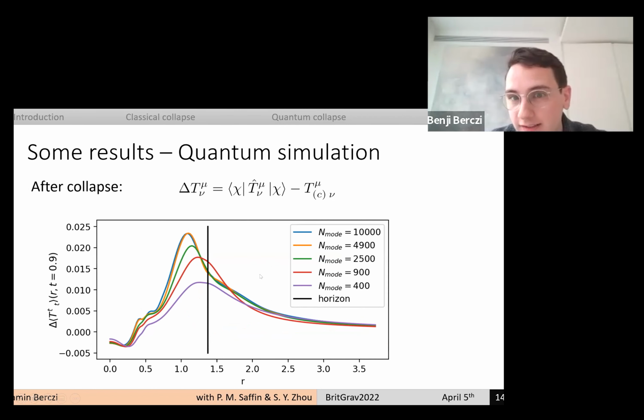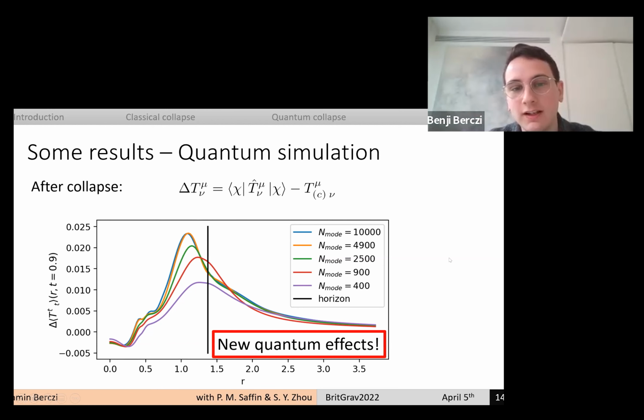And we can see that it does. Around 5 to 10,000, it doesn't change anymore. That's a really good indication for us that we see something that's actually physical. And adding hundreds of thousands of new quantum modes hopefully shouldn't change the evolution too much anymore. So we see new quantum effects, we can say that.